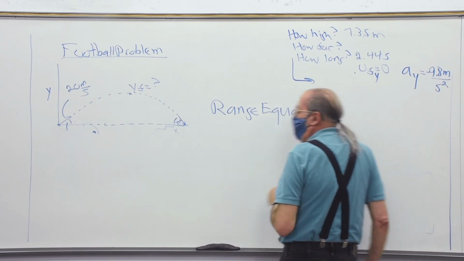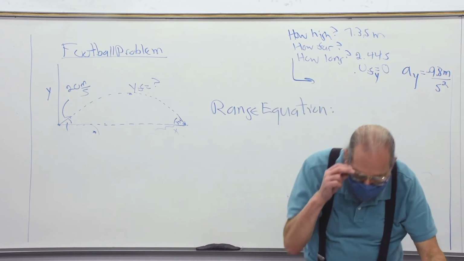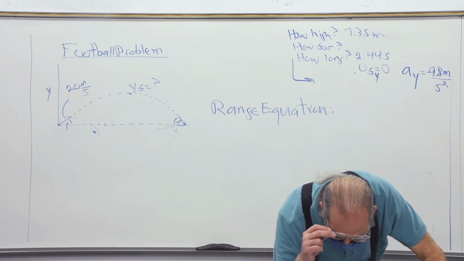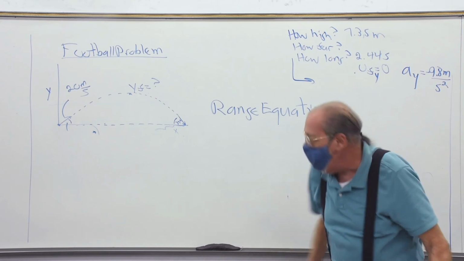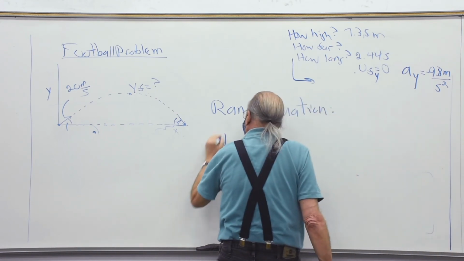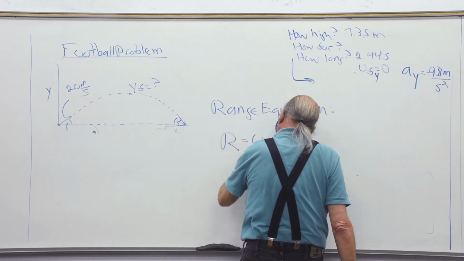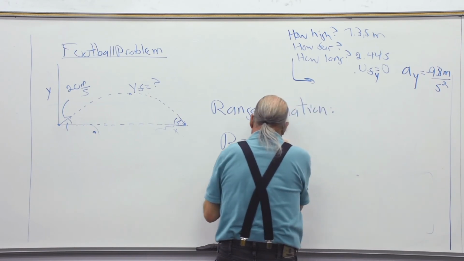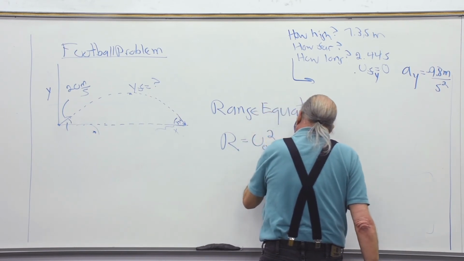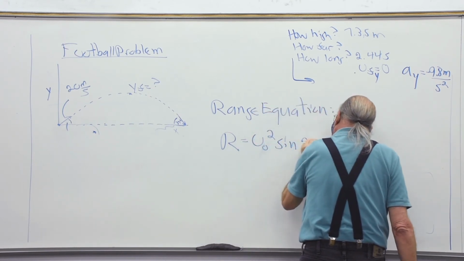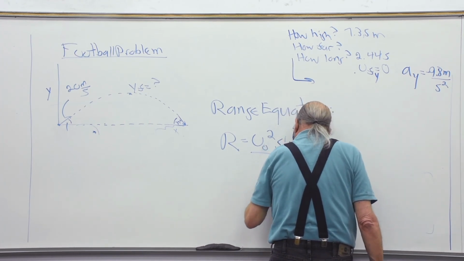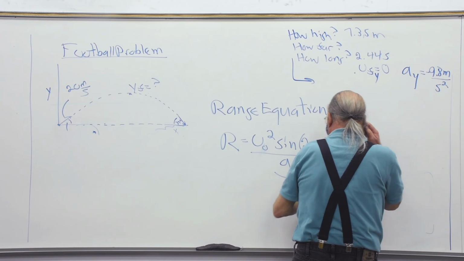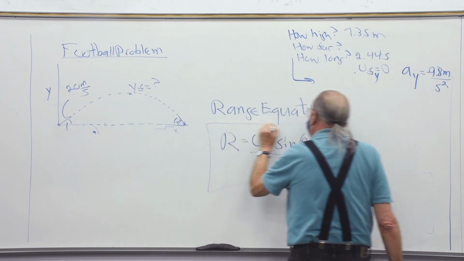And the range equation is the following. They've got it here. The range is V naught squared sine 2 theta all divided by G. Now you don't have to memorize that.